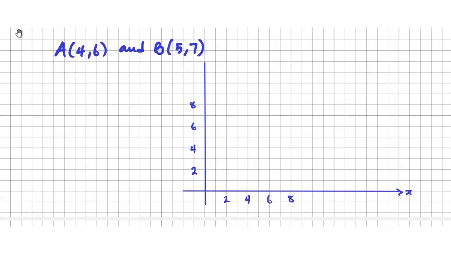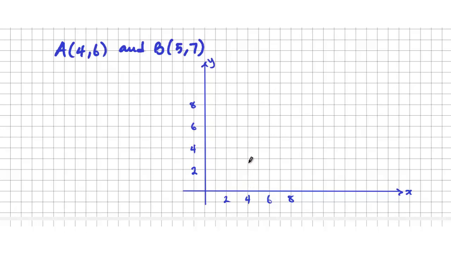Let's say this is 2, this is 4, this is 6, this is 8. So this is also 2, 4, 6, 8. So this is positive x, and of course this is positive y.